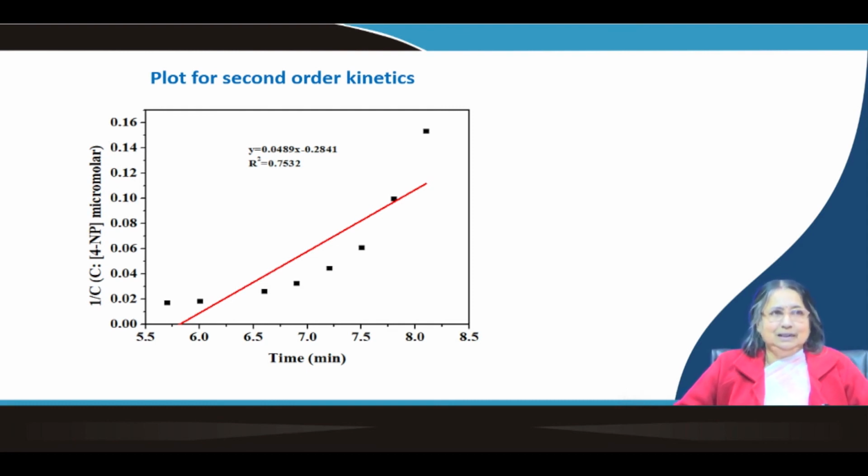This is the main theme for determining the order, and this is the integrated rate law. You have seen that I have used integrated rate law because those plots are these linear plots. I have already explained to you that linear plots for integrated rate law we are getting for 0 order C versus T should give linear plot, for first order LNC versus T should give linear plot, and for second order 1 by C versus T should give the linear plot.